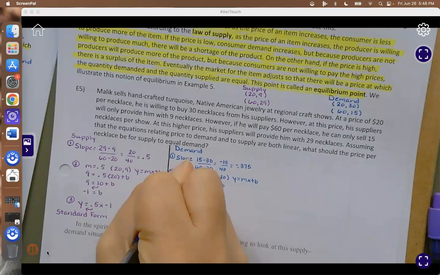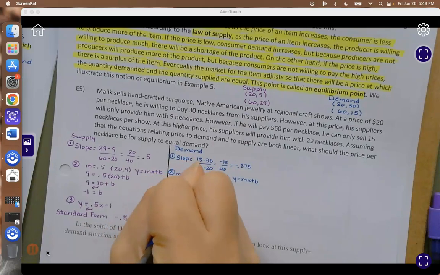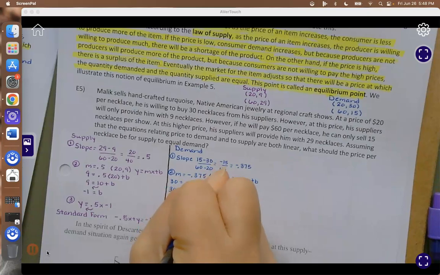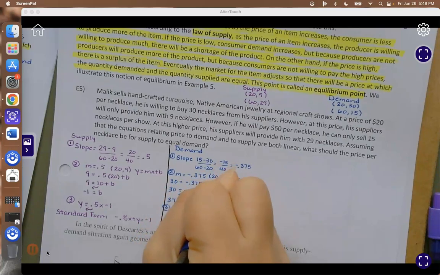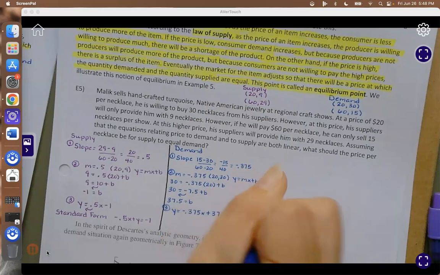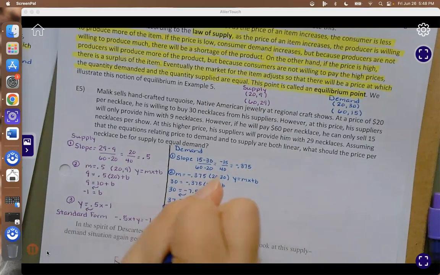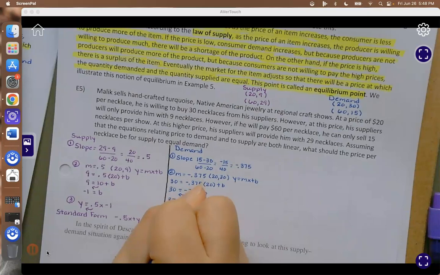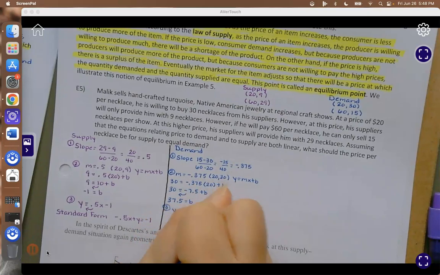So our equation is y equals -0.375x plus 37.5. So now we want it in standard form. So this is 0.375x plus y equals 37.5.